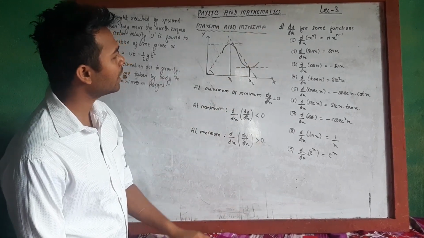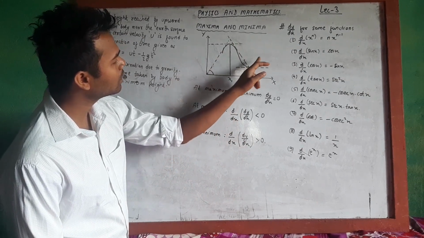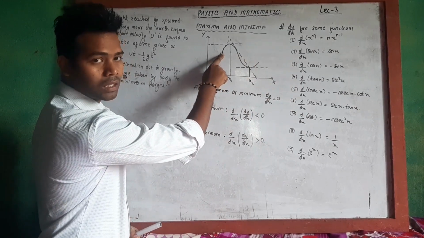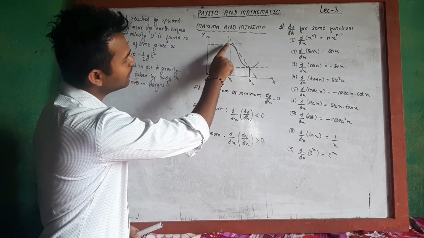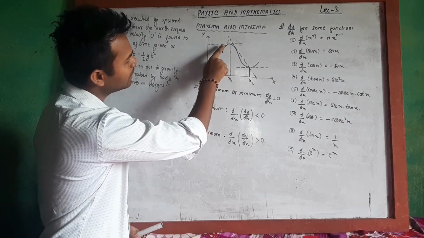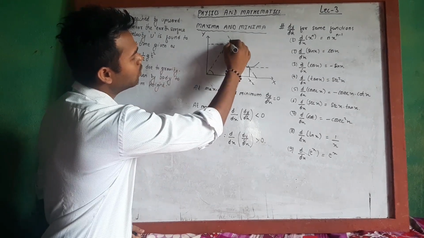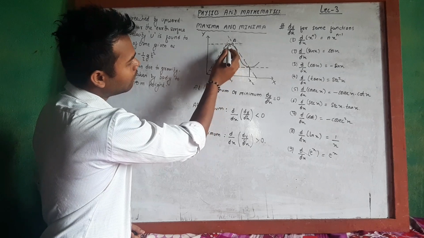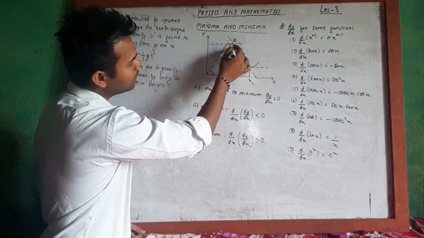Let us suppose x and y are related as shown in the curve. Initially the curve is increasing, that means as x is increasing, y is also increasing. After the point A, let us suppose this point be A, as x increases, y gradually decreases.